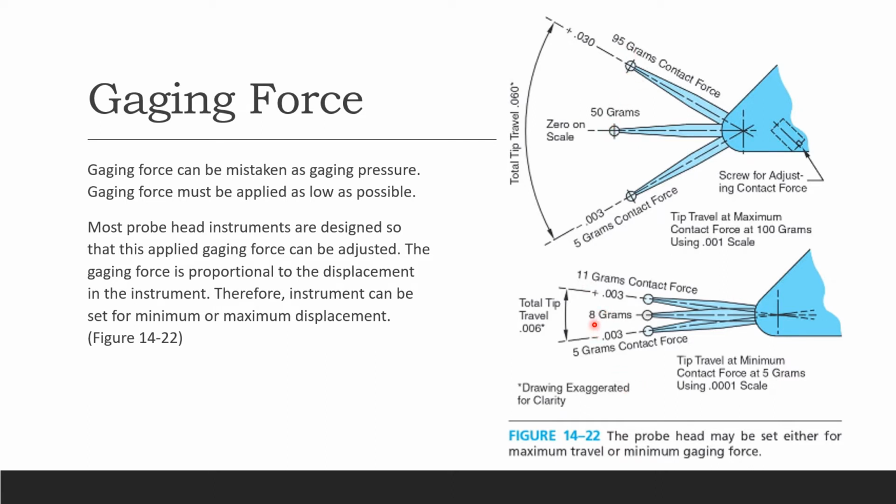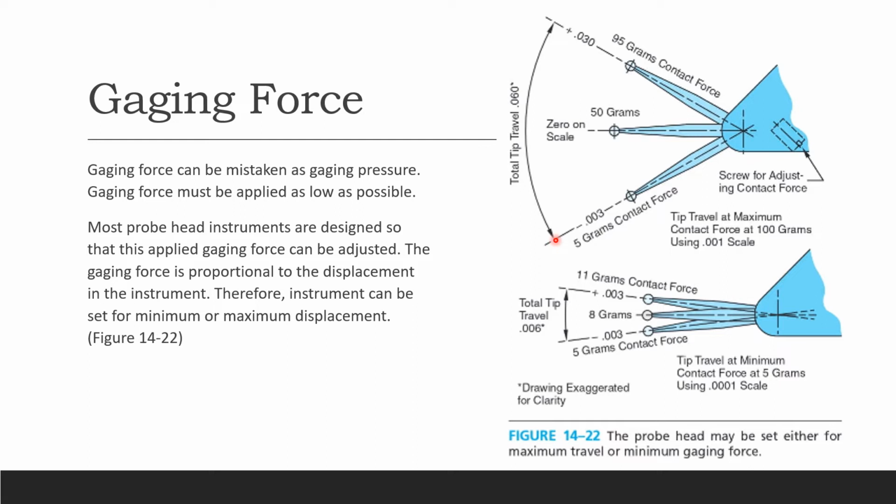So the tip is going to travel at minimum contact force, and the scale we're using is 0.0001 for this travel. Here, from here to here, is a big arc, and that's your total tip travel, the tip of your probe. Okay, and that's 0.006.